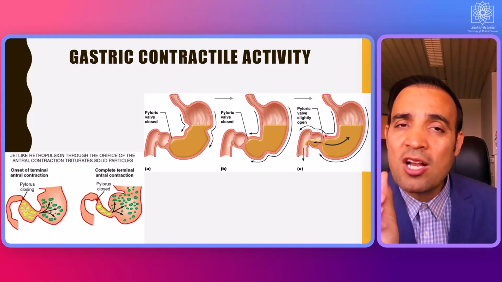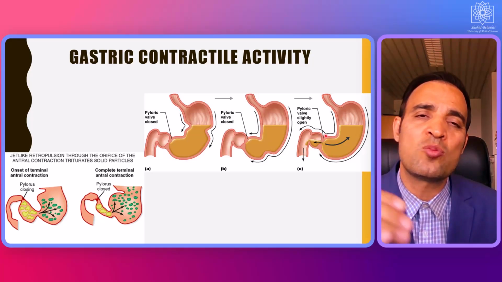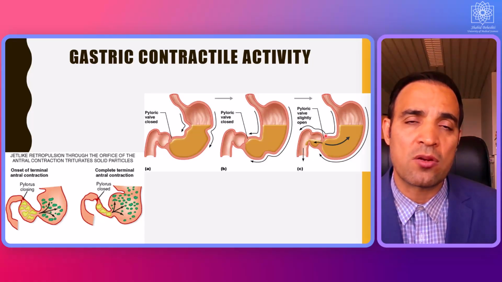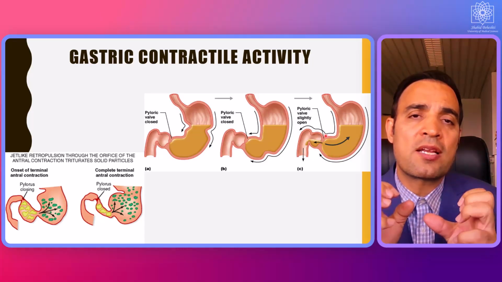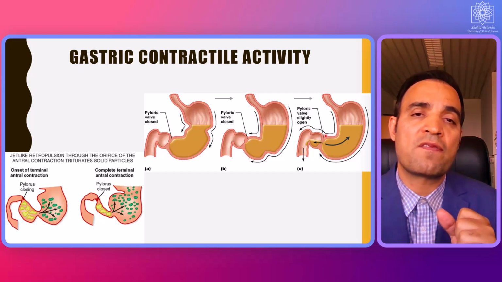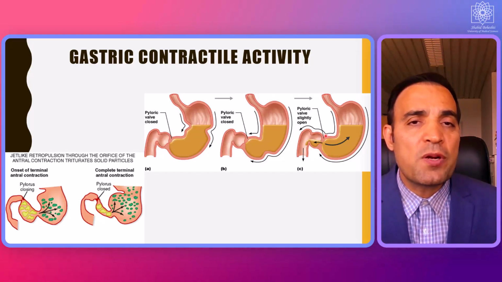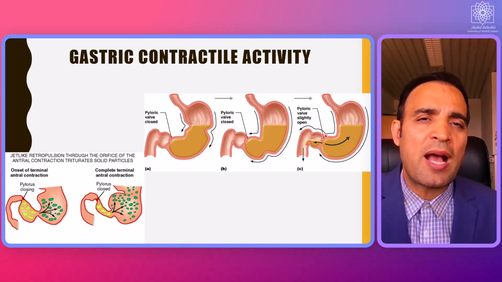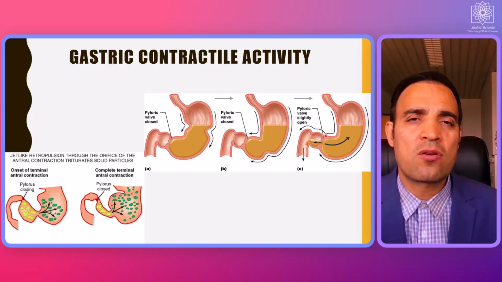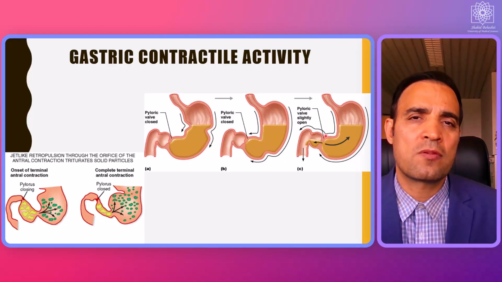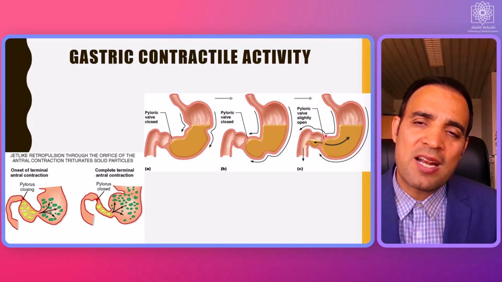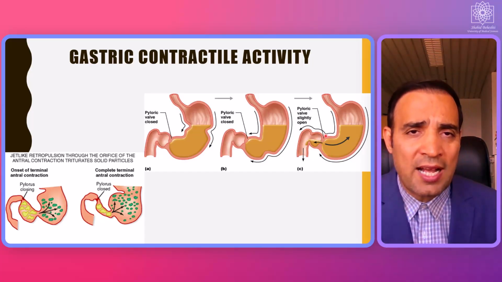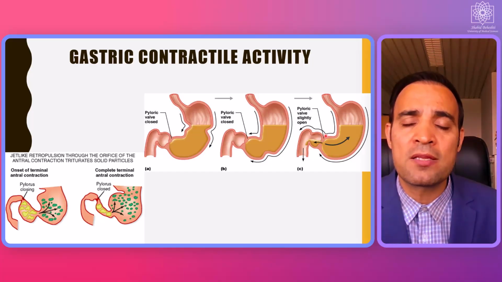Not all of it, just a little amount exits from the stomach and enters the duodenum. And then again, the pyloric contraction will prevent the other phases from happening. This process will repeat again and again over some minutes and some hours. And over the course of several minutes and several hours, gradually the content of the stomach will be emptied into the duodenum, when it becomes completely fluid.